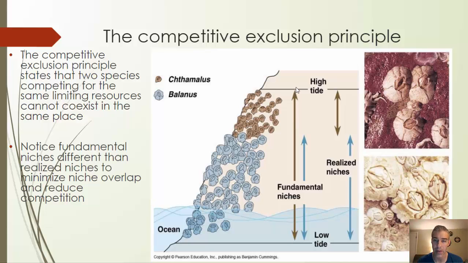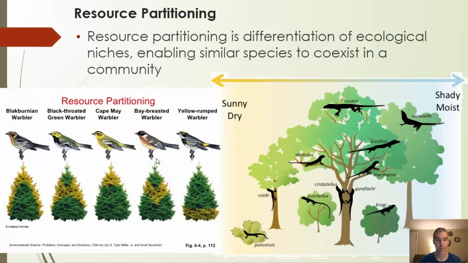So it's only going to live up here because it can, and so it doesn't have to compete with the other one. The other one can live here kind of peacefully. We limit niche overlap and allow them to coexist. That's the idea of the competitive exclusion principle. One or the other is going to beat the other one out. They either have to adapt, or one of them is going to go extinct.